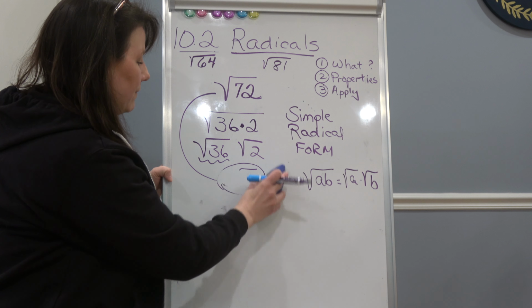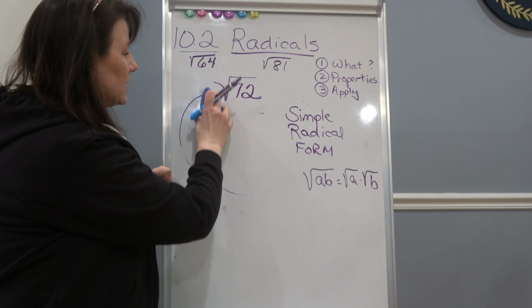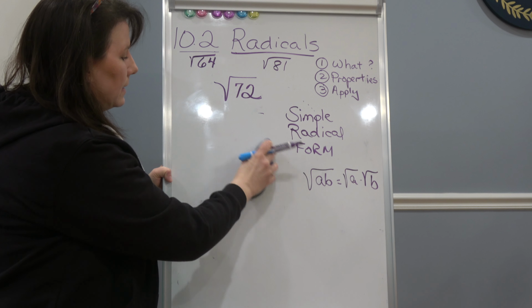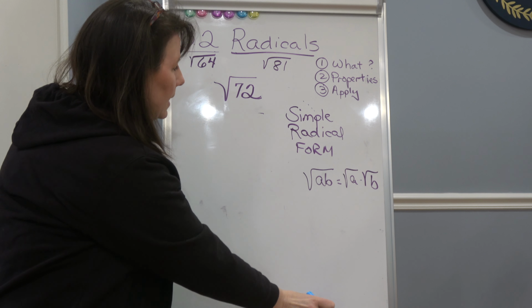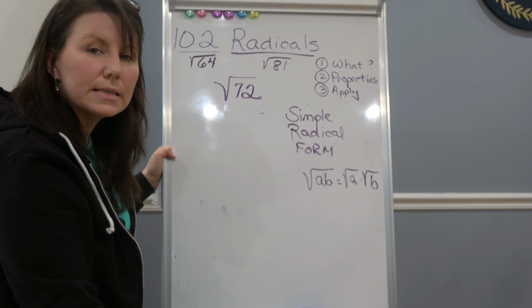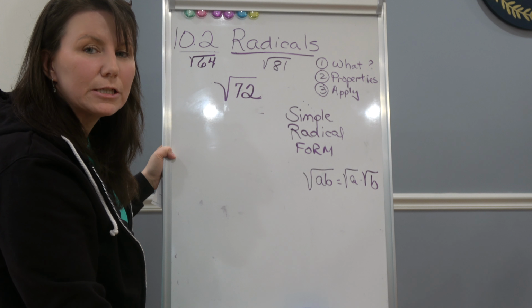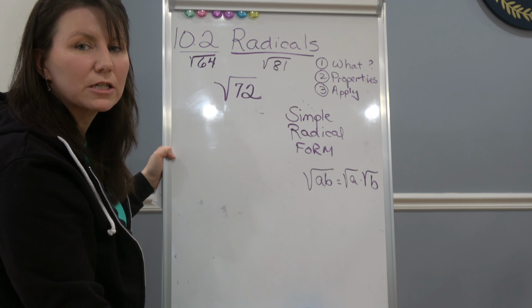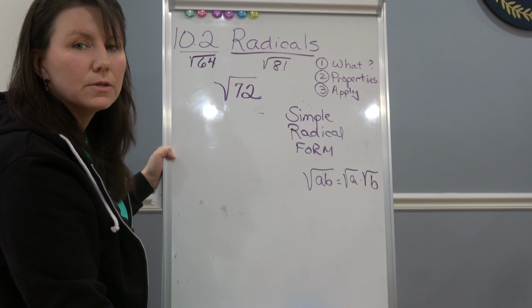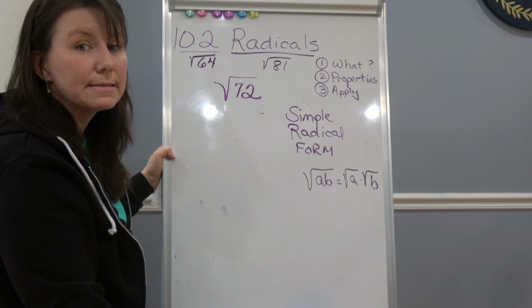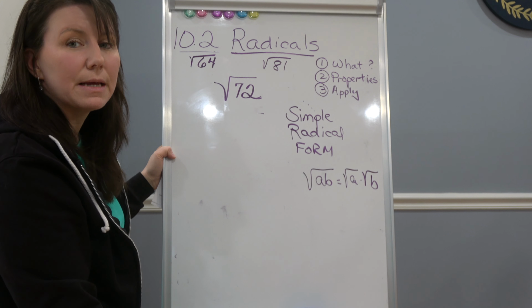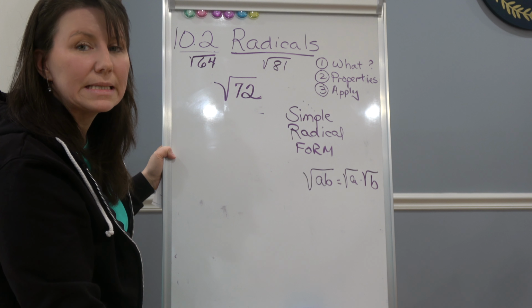And I found that students can be very successful with this method. It really is about breaking it up into what's called its prime factorization. So do you know what a prime number is? A prime number is a number whose only factors are 1 and itself.